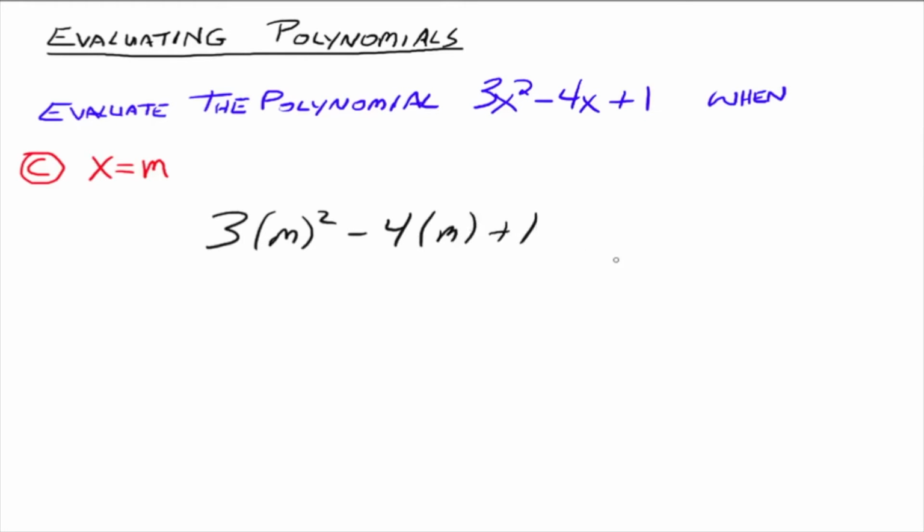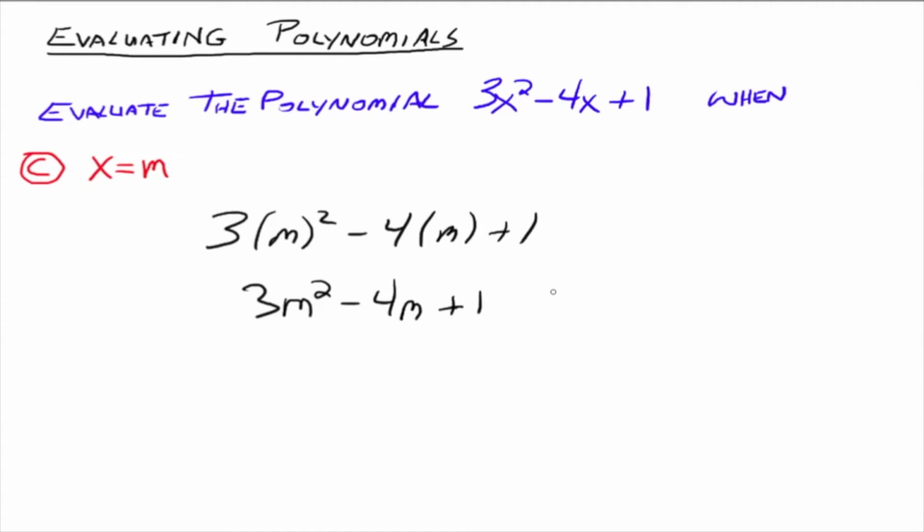The logic is exactly the same as when they were numbers. Then we say, m squared, that's just m squared, so 3m squared, minus 4m, and plus 1. Can we do anything with this? Are there any like terms or whatnot? No, that's it.